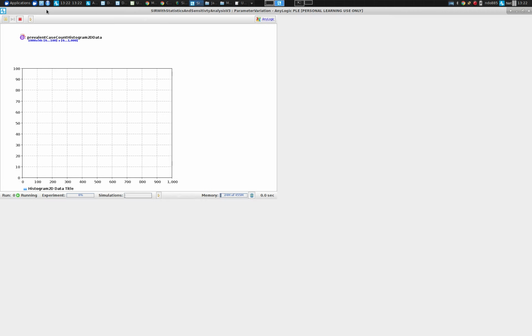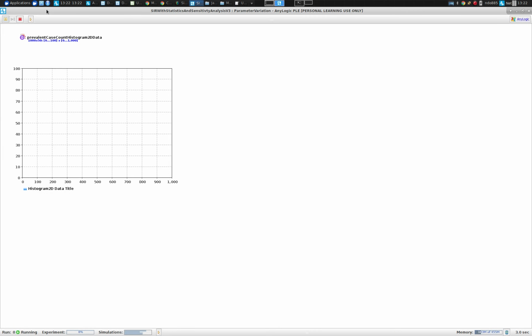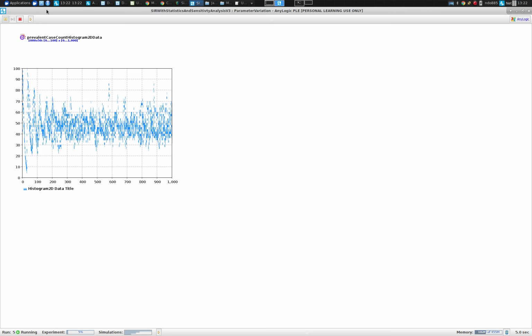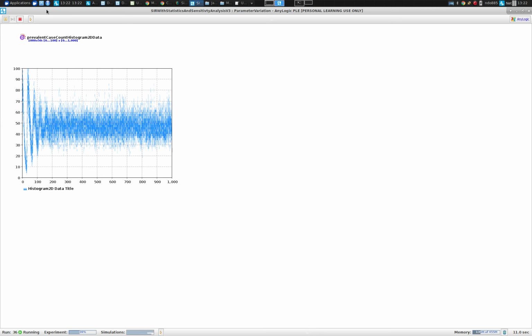And this parameter variation experiment, and particularly this 2D histogram, provided us a way of summarizing across many, many runs. It let us recognize the degree of variation, and certain regularities between different runs that were to be expected, such as these pronounced, marked oscillations at first.